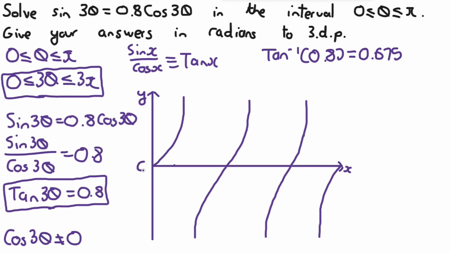So this here is going to be 0, this here is going to be pi over 2, this is going to be pi, this here is going to be 3 pi over 2, this is going to be 2 pi, this here is going to be 5 pi over 2, and this here is going to be 3 pi here. There are asymptotes here, but we don't really need to draw them in.